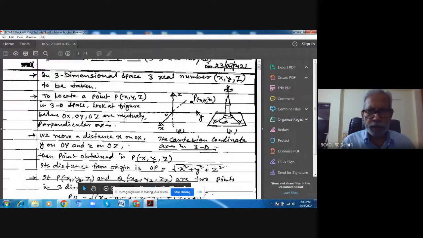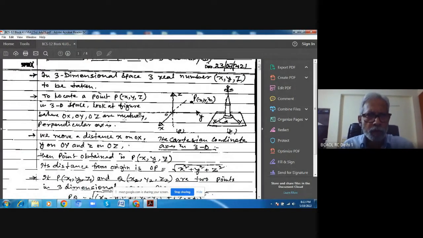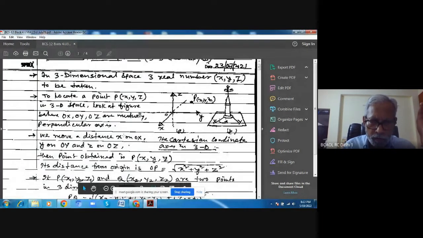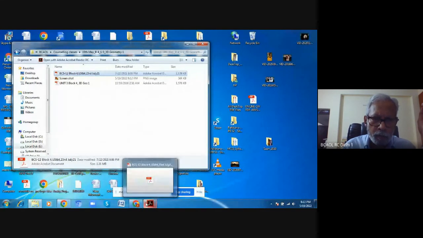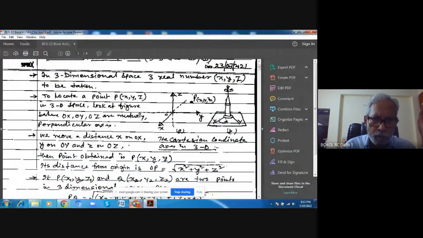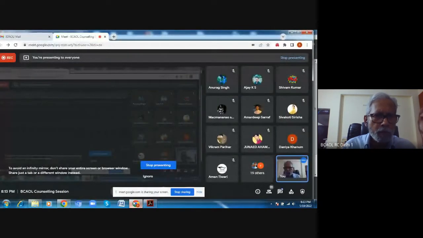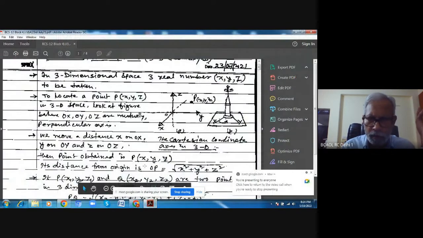So it is 3D mode. I think it's not clear. It's clear now, coming on the screen board. I think it is visible, or not?